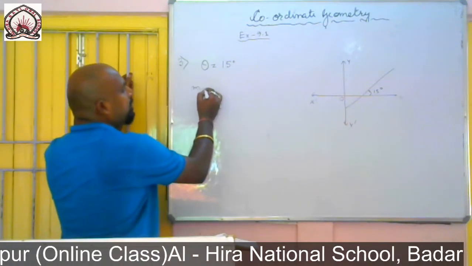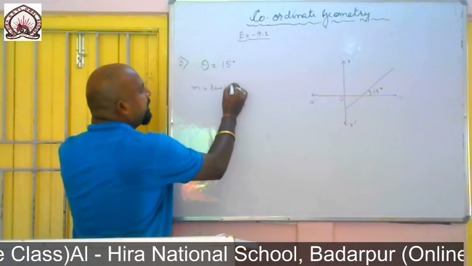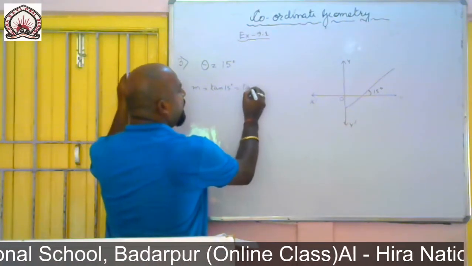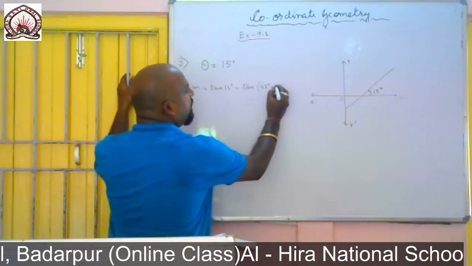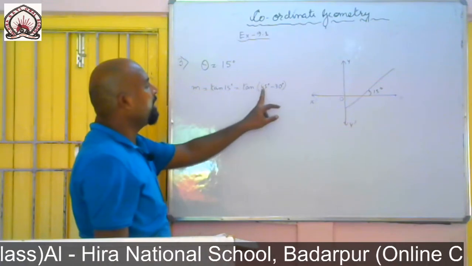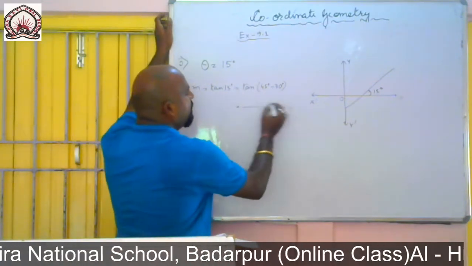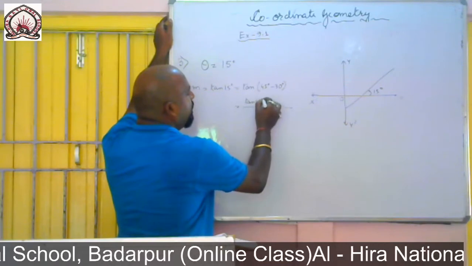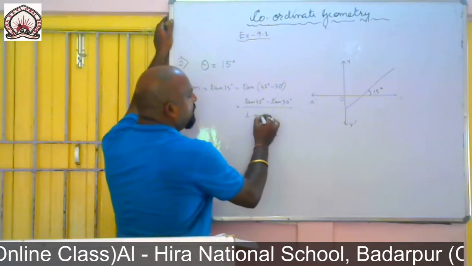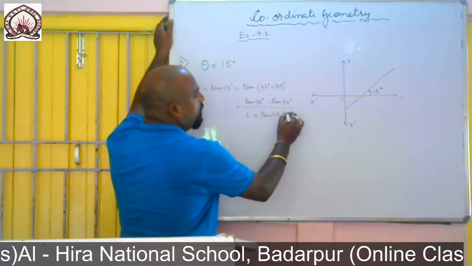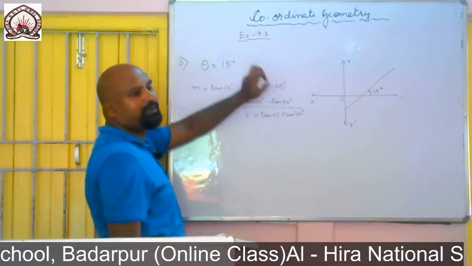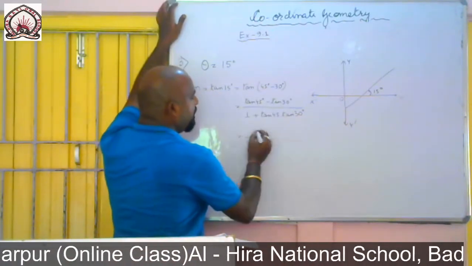The slope of the line equals tan of the angle 15 degree. We don't know the value of tan 15, so can I write tan of 45 degree minus 30 degree? This is the formula of tan A minus B, so we have to apply it: tan A minus tan B divided by 1 plus tan A into tan B. Here A is 45 and B is 30. Now we have to put the values.